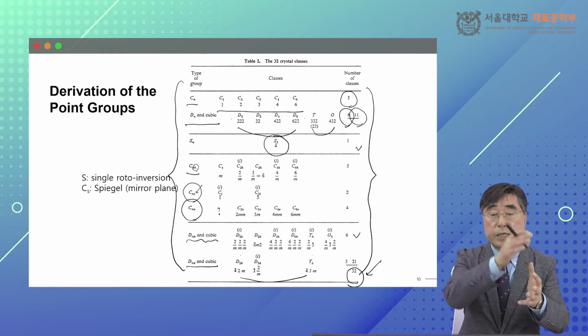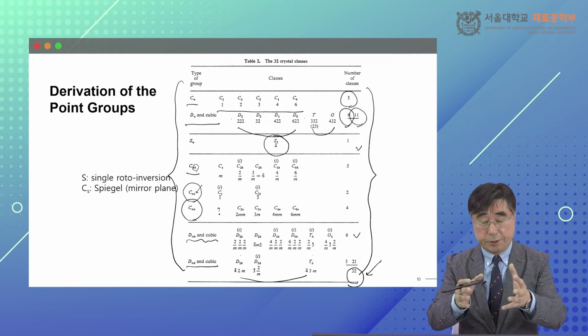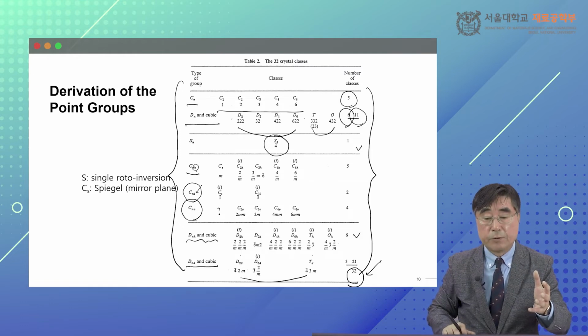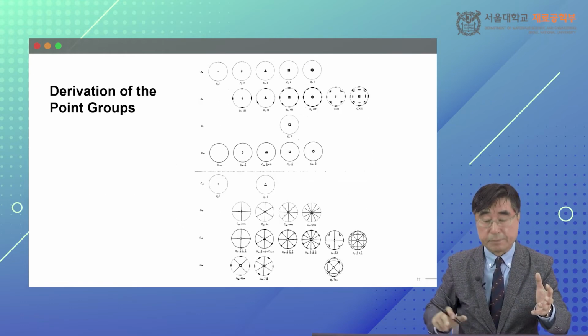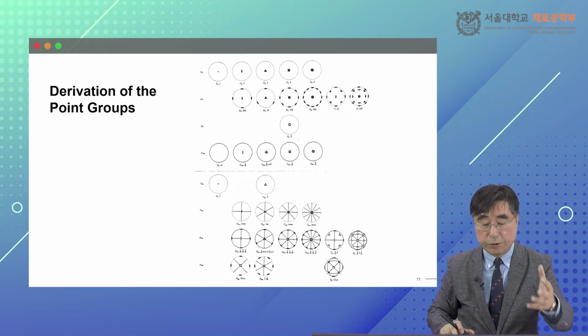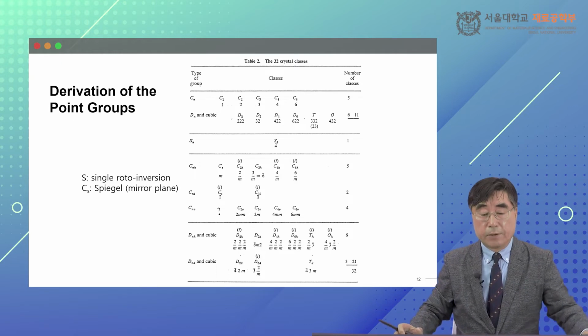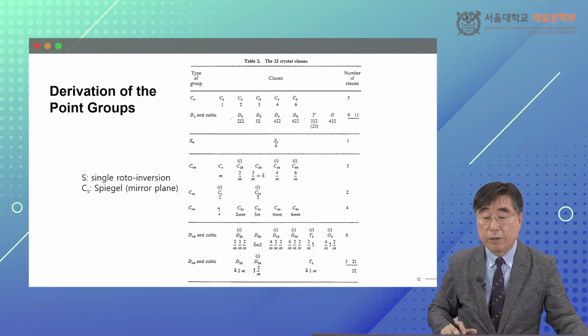So all the objects can be understood by stereographic projections. Okay? So I want you to follow me one by one. This just shows the symmetry elements of these 32 point groups. Okay, so I will go through these systematically, one by one.